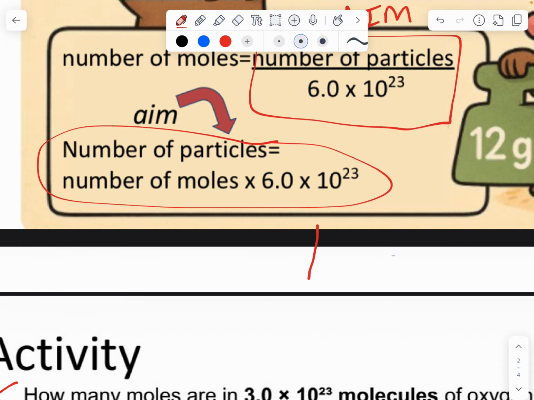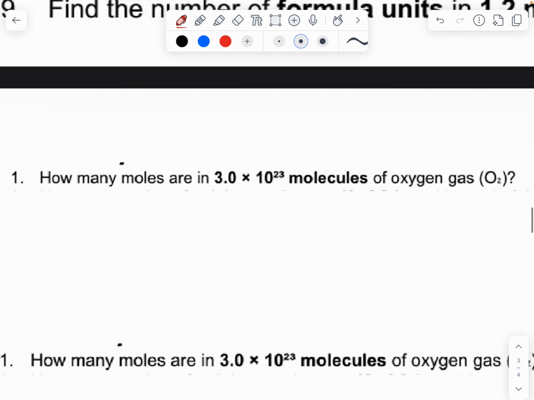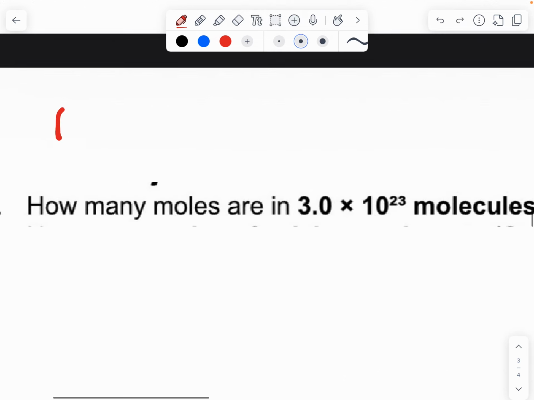Let us put all of these into some little perspective. It says how many moles are in 3.0 times 10 to the 23rd molecules of oxygen gas. Now we cannot use a formula that says mole equals mass over molar mass, which is probably the first formula that came to your mind.